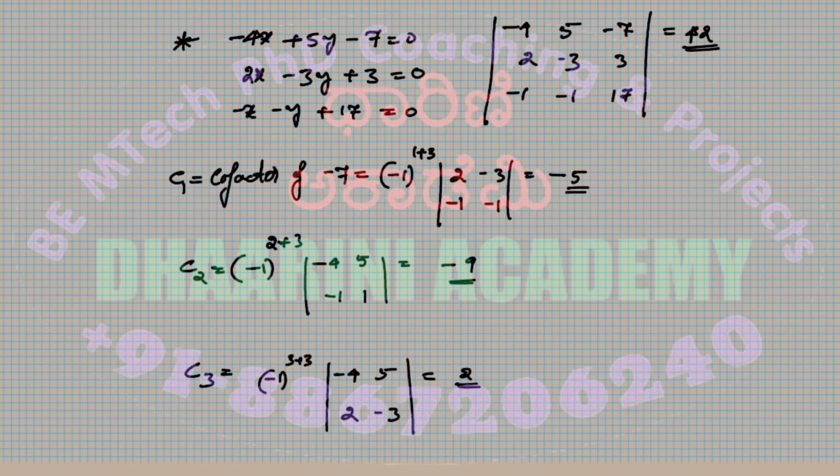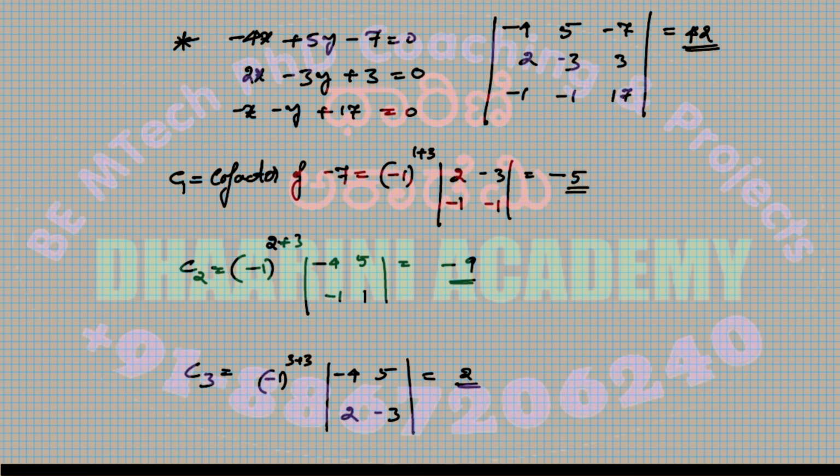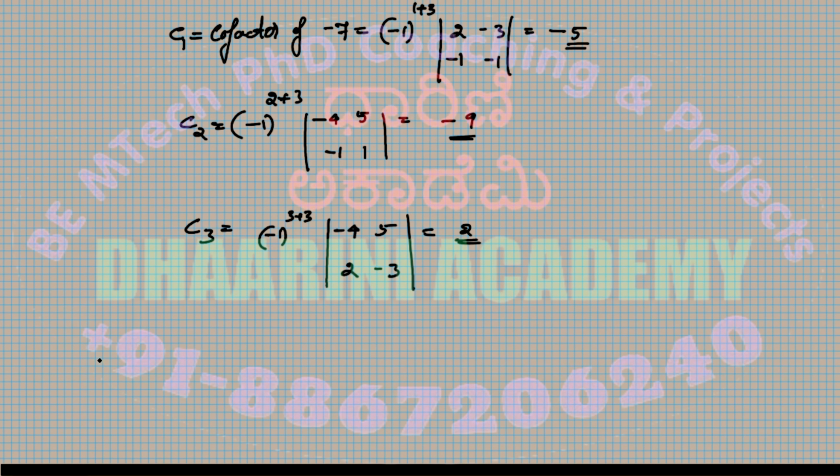All right, let's move further. Now we need to calculate the area by using the equation. Area is equal to 1 divided by the magnitude of 2 times minus 5 into minus 9 into 2. Even if you don't write the magnitude, this is positive because two negative quantities, into the determinant square.